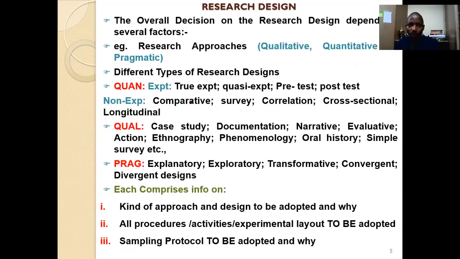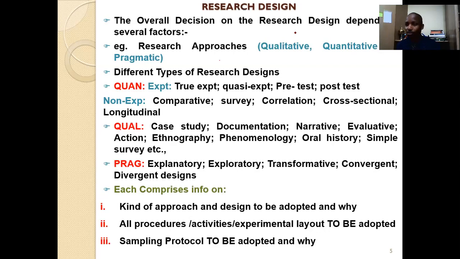Then we also have to look at this particular aspect: as I said, the overall decision on which kind of research design to be undertaken will depend on the approach that a researcher has adopted or has to adopt.